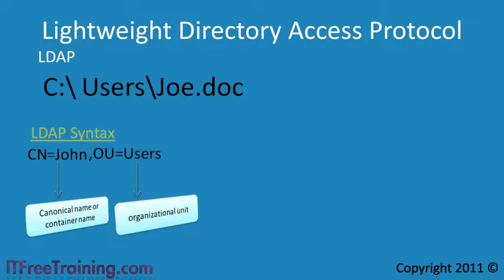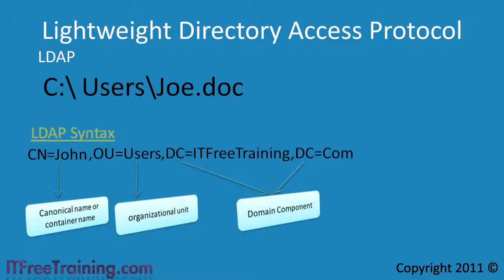To access this OU, add comma OU equals users. Now if I were to compare this with accessing a file on the hard disk, I now need to specify where this object is. In the case of files on the hard drive, I added a drive letter. In the case of LDAP, I need to add the domain it is located in. In this case, I will use itfreetraining.com. In LDAP syntax, I need to add comma DC equals itfreetraining, comma DC equals com.